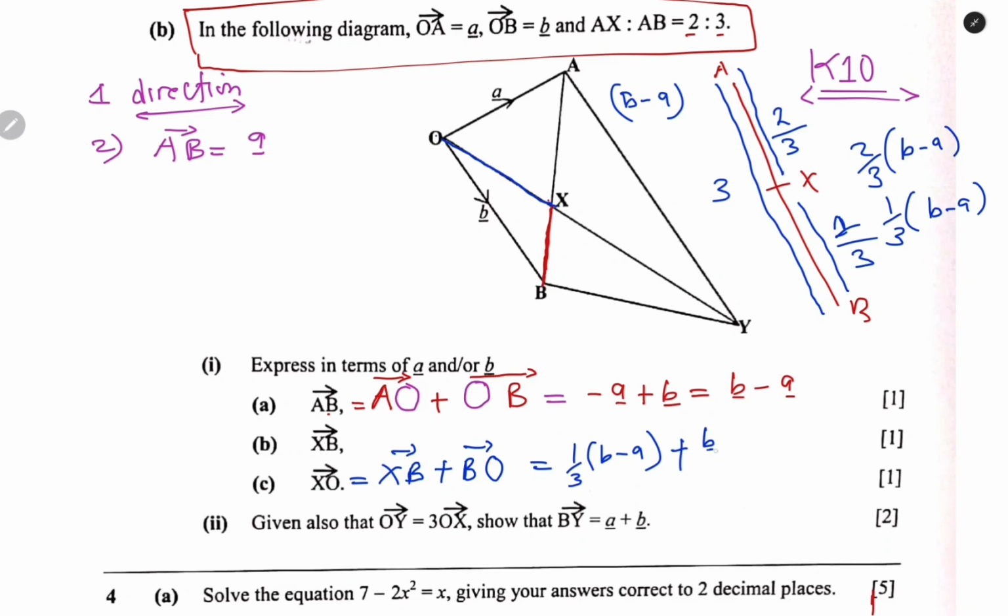Now, here we have the like terms B and B. So we can open the bracket for the first part, where we have this first part here. This first part, we can have it as B over 3 minus A over 3.